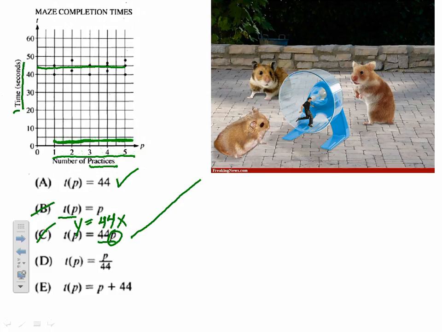And this is a similar problem where as the number of practices would increase, the time would also increase. So that doesn't make sense. And the same is true for E. As the practices increase, the time overall would increase because you'd just be adding it to 44. So this one doesn't make sense. So A is our best answer choice.